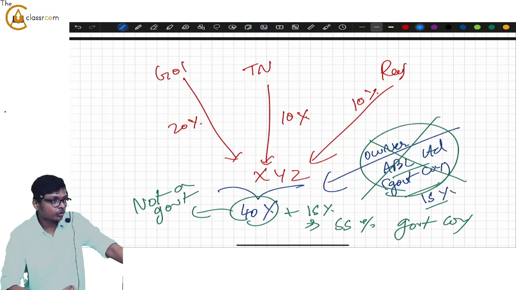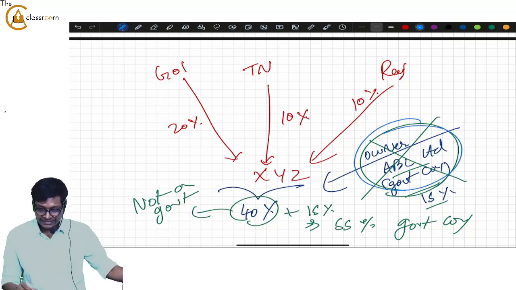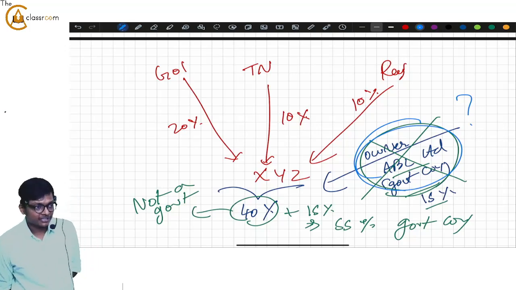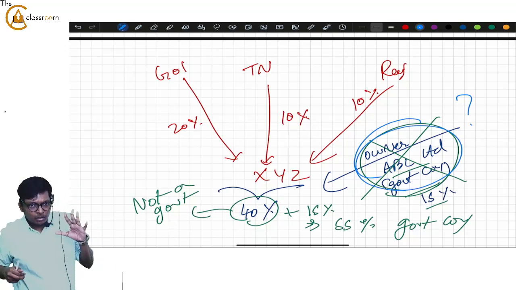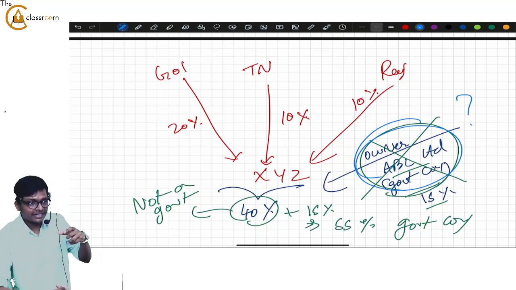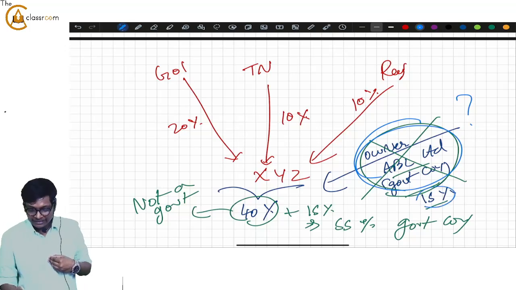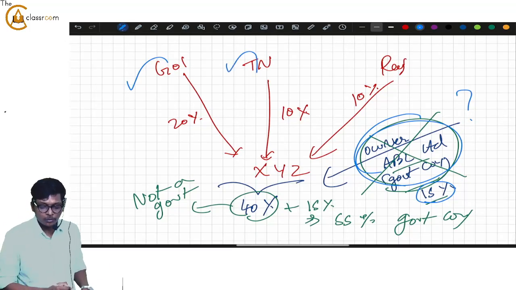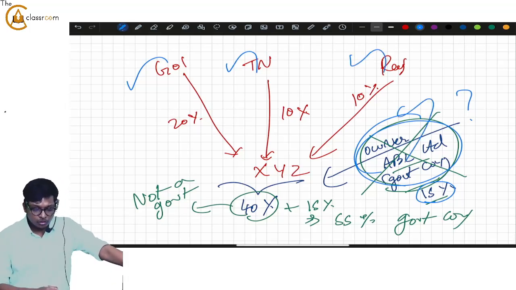That is only your doubt, correct? Should I take this or not? This is where interpretation of law comes in. As per logic, I should take this 15% because this also is in government control, so I will prefer to take 55%.